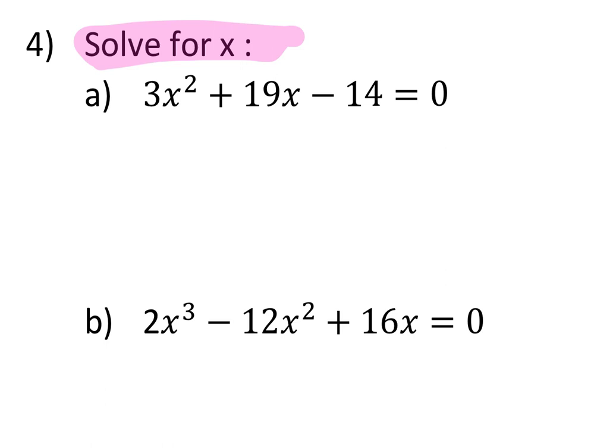So when I am solving them, the first thing I want to do is factor. I'm going to look for the greatest common factor. There is not a common factor, so then we're going to multiply the 3 by the 14. 14 times 3 is 42, negative 42.